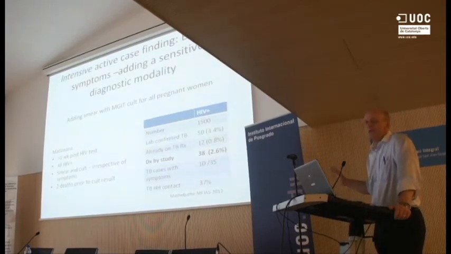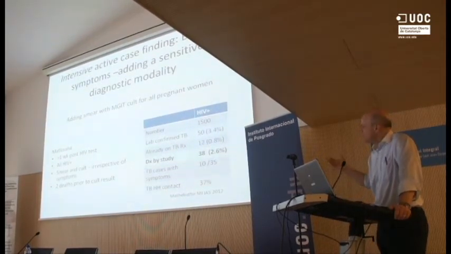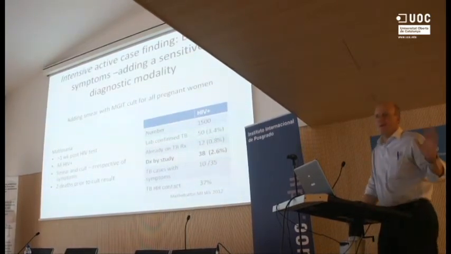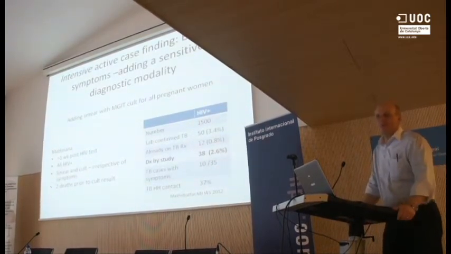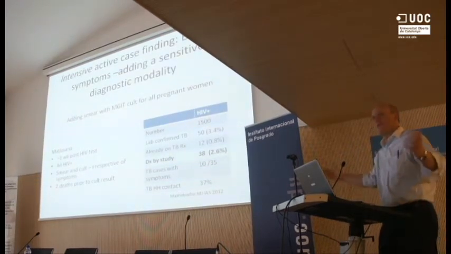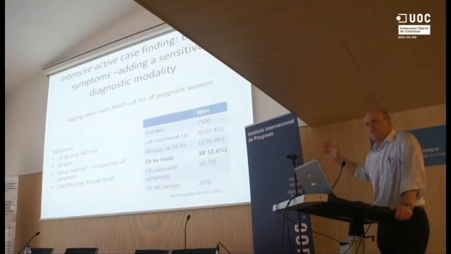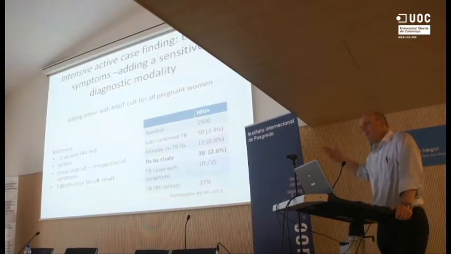Now this study wasn't so good for us because we used an MGIT culture, and as you're aware, the MGIT culture, if it's positive, takes about 2 weeks to get a result, and if it's negative, you've got to wait for a much longer time. And 2 of these women that we diagnosed as TB, by the time we got back to them, they had already died.